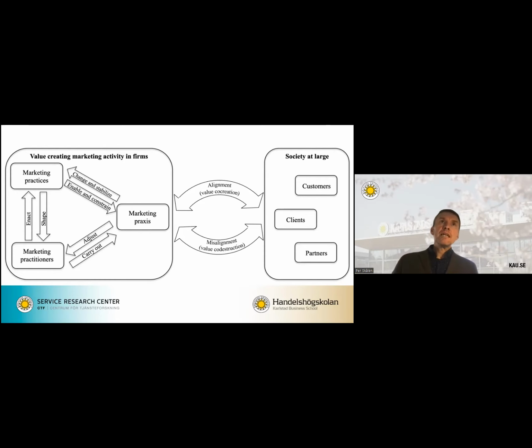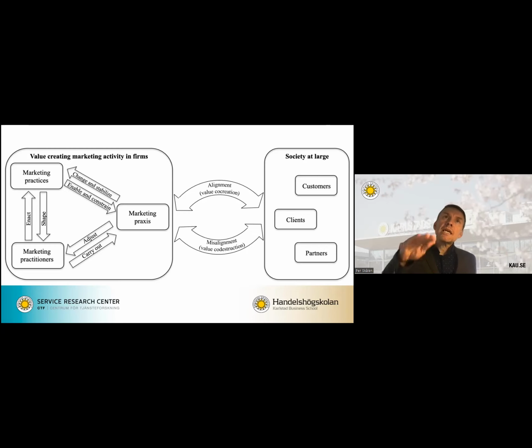So we say that you can understand value creating marketing activity in firms by focusing on marketing practices, marketing practitioners, and marketing praxis. And you can see also the relationships we see between these three areas. So marketing practitioners, for instance, enact marketing practices, and marketing practices shape marketing practitioners. Marketing praxis, the realized activity, changes or stabilizes marketing practices. And marketing practices enable and constrain marketing praxis.